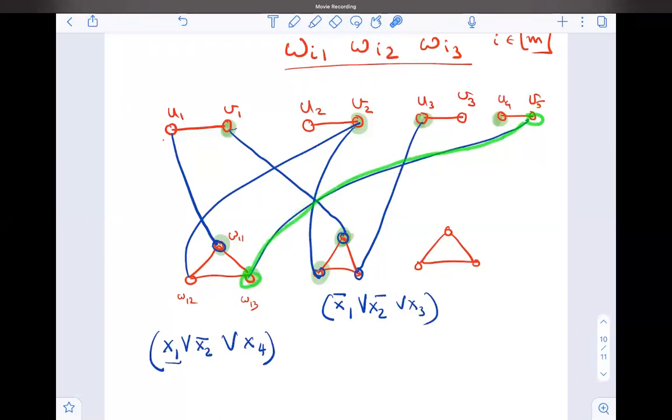But because this is connected to a vertex here which is not colored green, there must be some other vertex here that is colored green. So in these three, either these two must have been picked up, or this one must have been picked up.